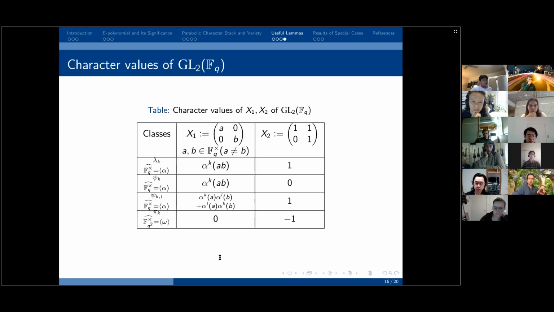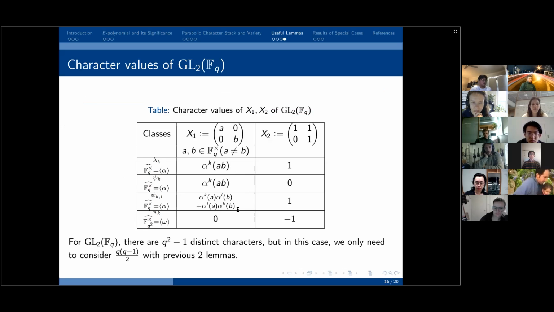As an example, here are some character values of x1, x2 in GL2(Fq). In fact, in GL2(Fq), there are 4 types of characters, and the previous two lemmas say that the second and fourth cases vanish. So we only need the first and third cases.